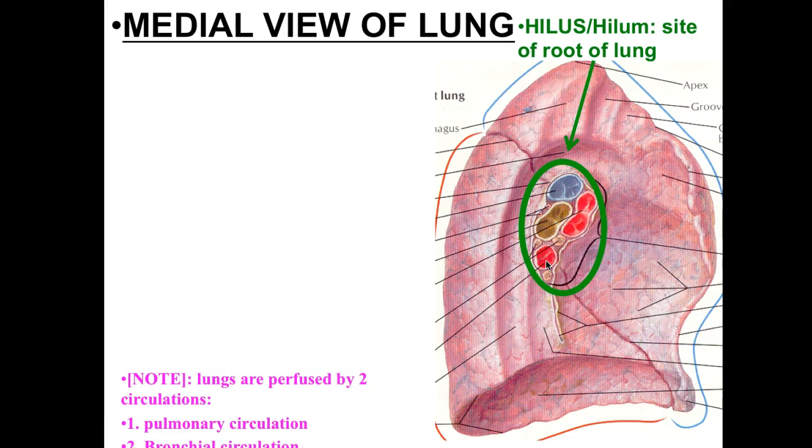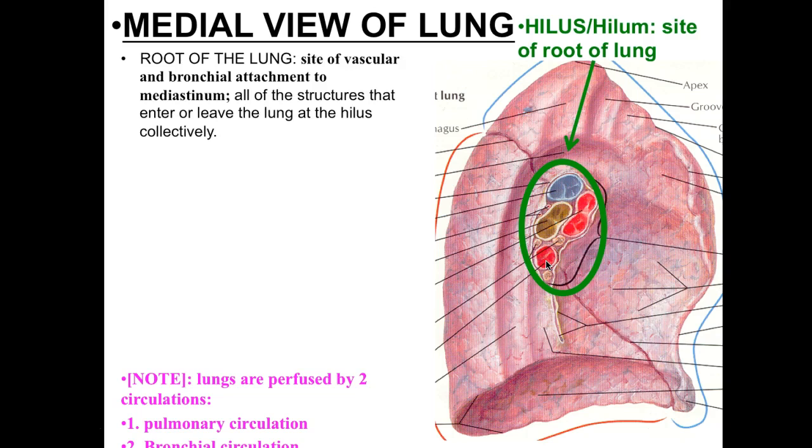So what is the root of the lung? The root of the lung has our vascular and bronchial attachment to our mediastinum. So all of the structures that are entering or leaving our lung at the hilus are collectively found here at the root of the lung.